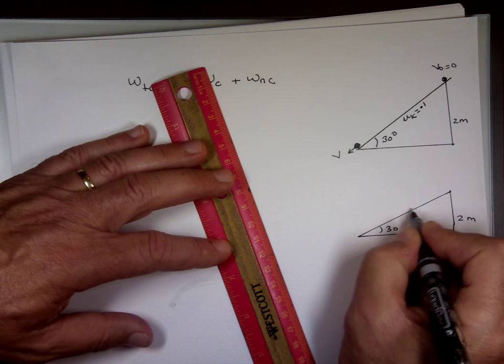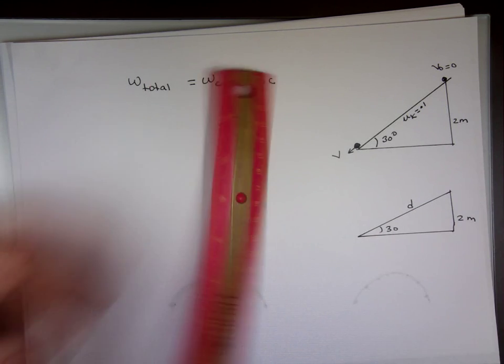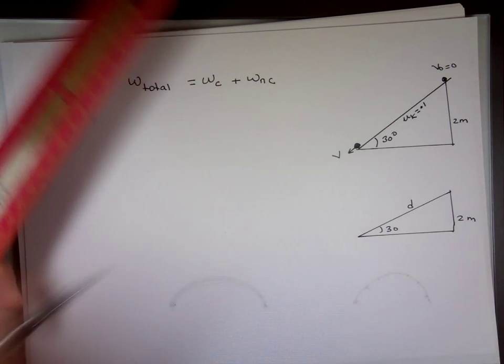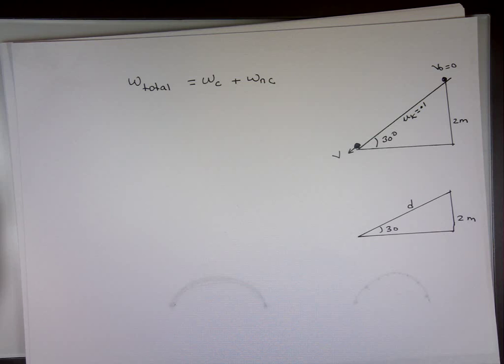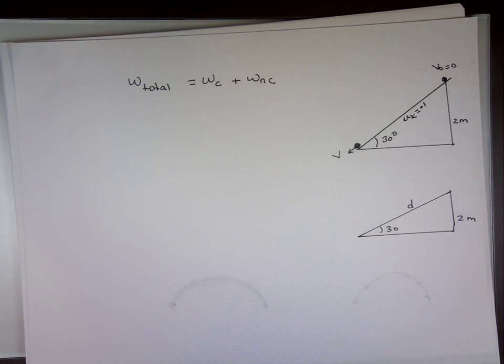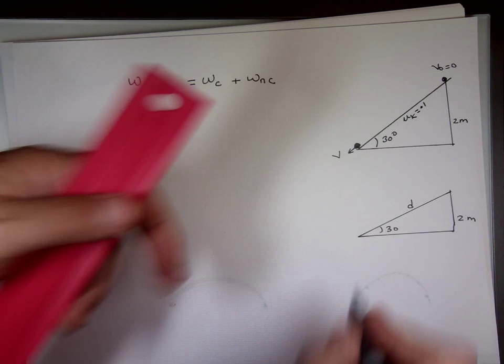Now I'm looking for that distance, d. Which trig identity ties this angle to that side and this side? Is this side the adjacent? Is it the hypotenuse? Is it the opposite? Opposite, and this is the hypotenuse. So which trig identity? Sine, yep.